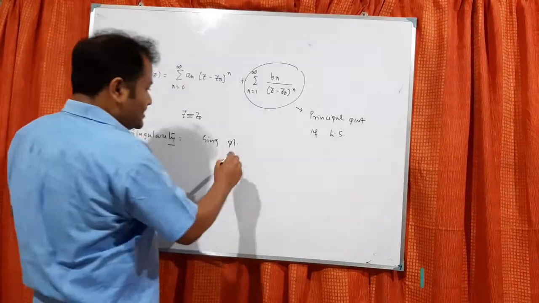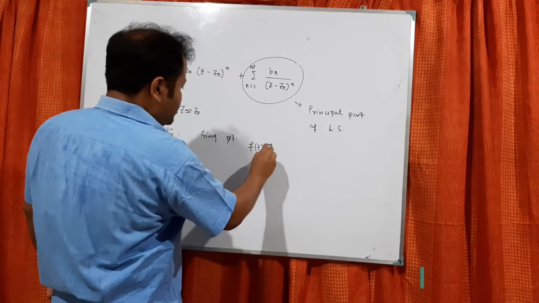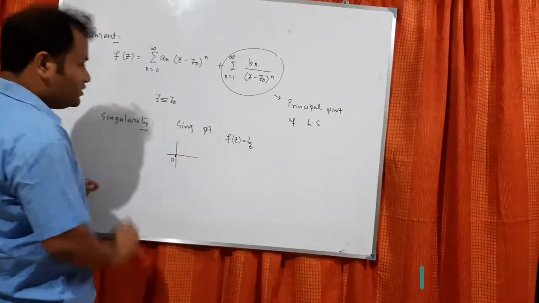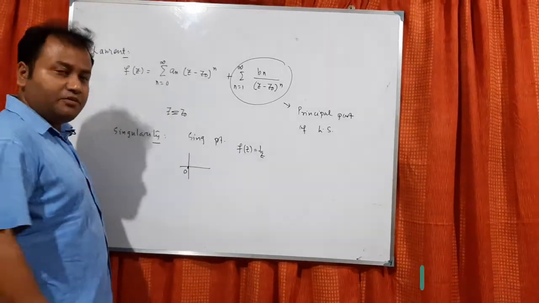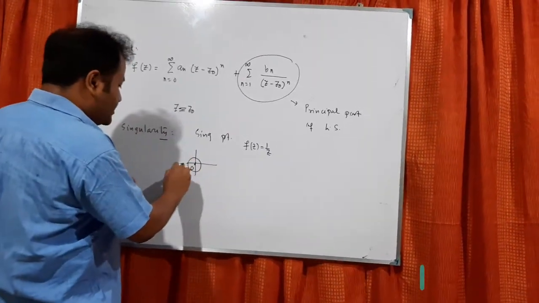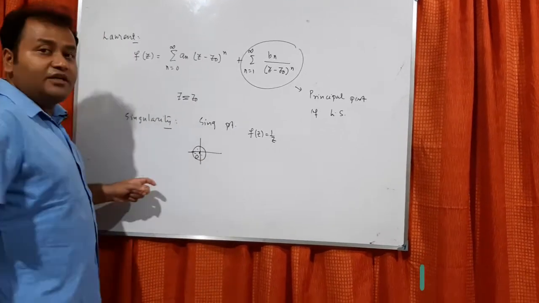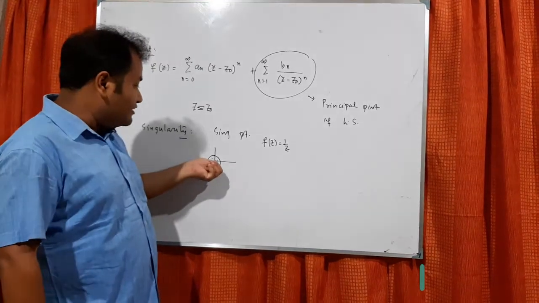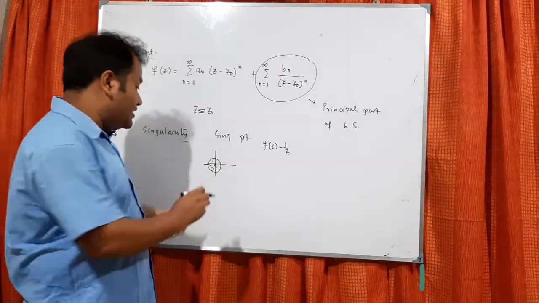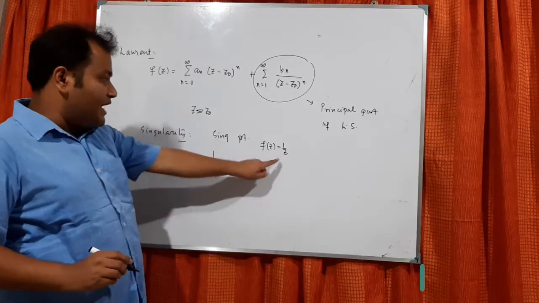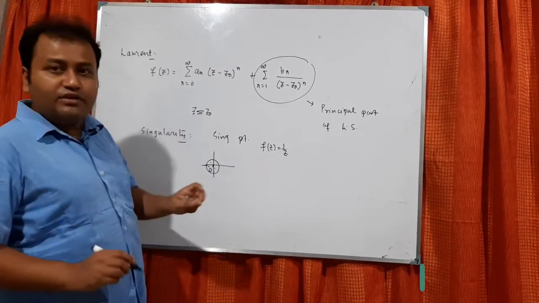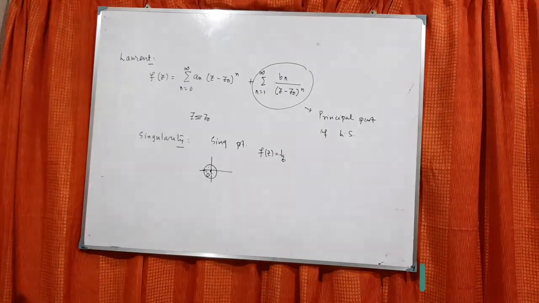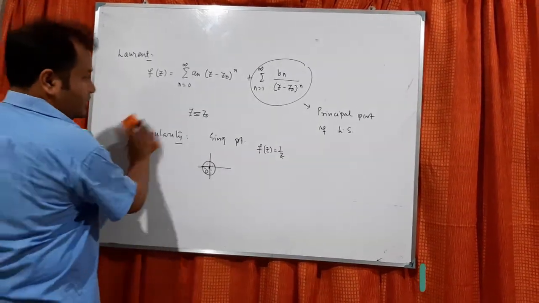For example, say if I take f(z) equals 1 by z, now at z equals 0 the function will not be differentiable, but if you take any neighborhood of 0, the function will be differentiable there. So that is what a singular point means. It is a very important thing.